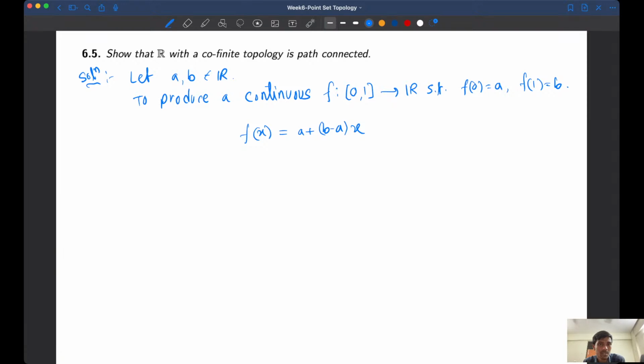So if I take any open set here, that is the complement of a finite set. So if I pull back that thing, why should that be open here?